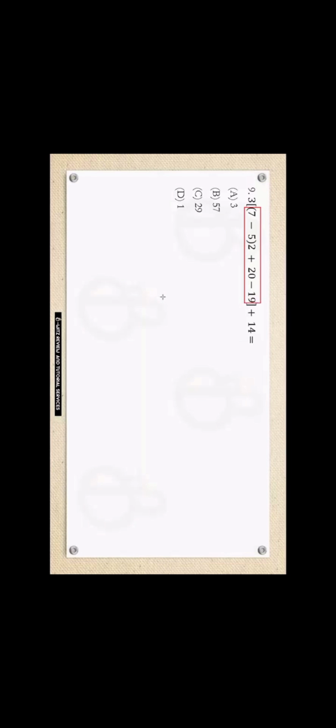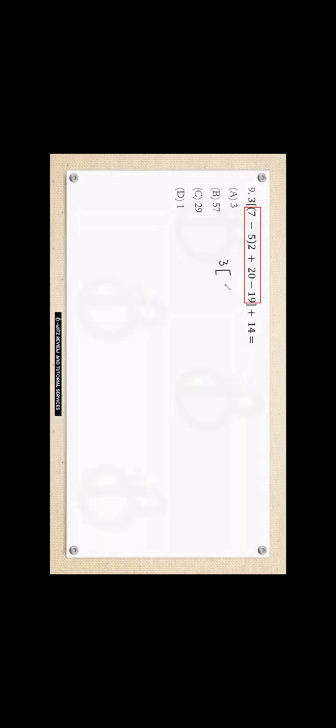And inside this bracket, we can still see parentheses or a grouping symbol. And the operation inside this is subtraction. So we need to do that first. And we will get here 7 minus 5, and that is 2.